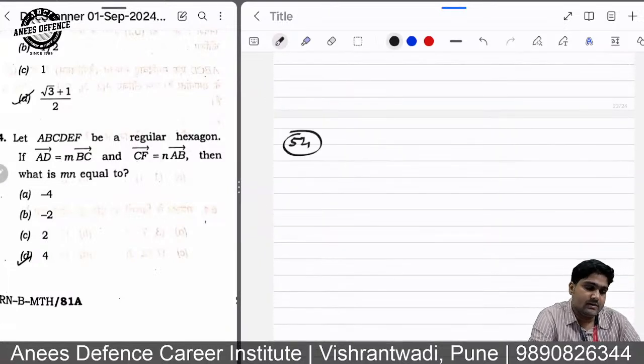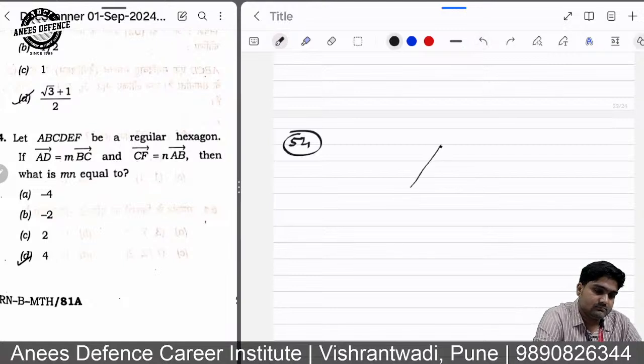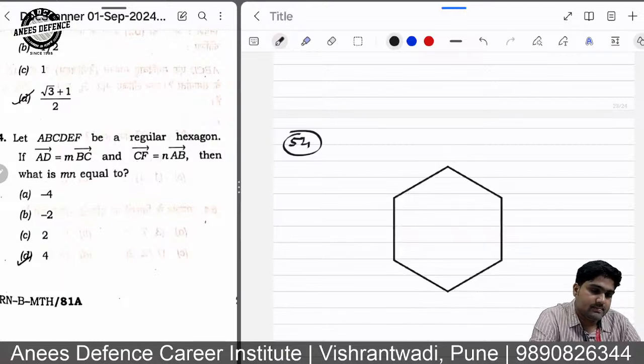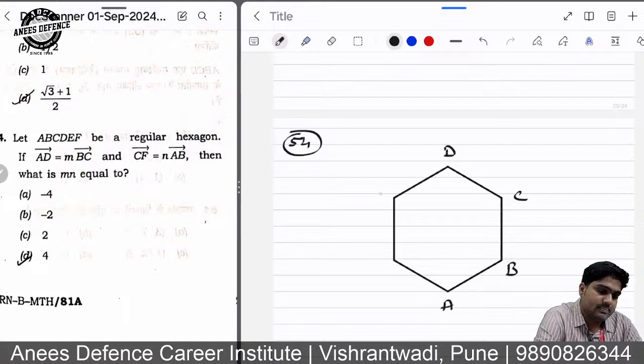Let's do a hexagon. Here the information given is, if I consider this as A, B, C, D, E, F, then AD is M times BC.